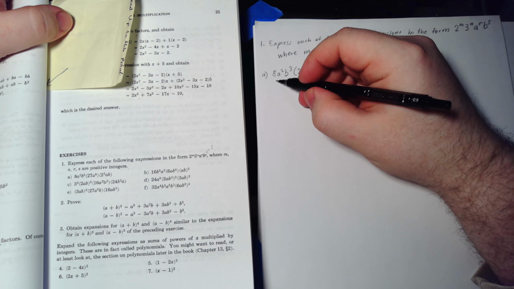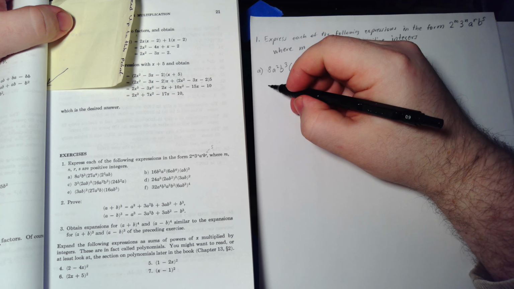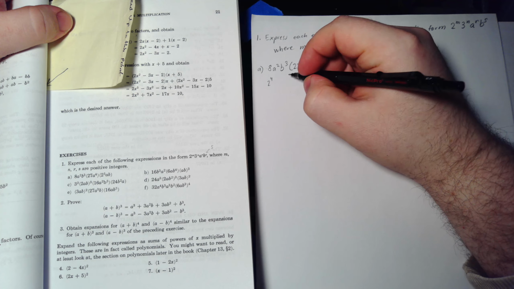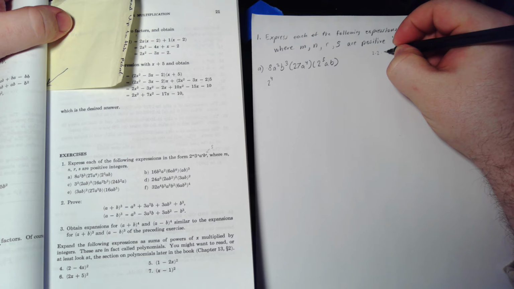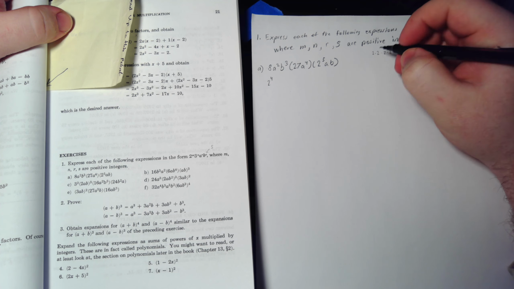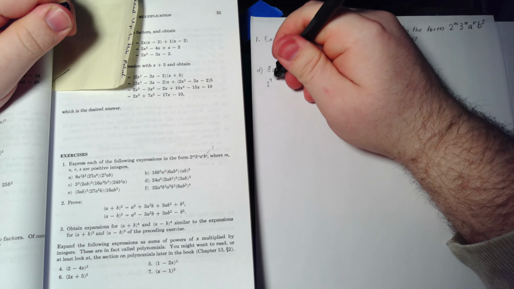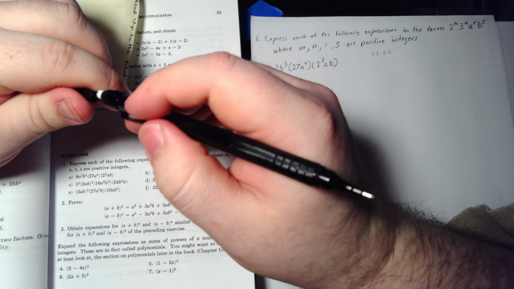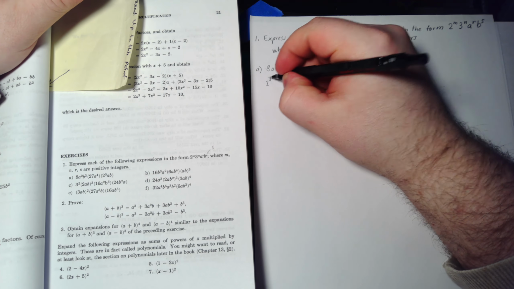So, 8 is an even number, and I know that 8 is 2 to the 4th power, I believe. Let me test that real quick. 2 times 2 times 2 times 2. Actually, to the 3rd power, not the 4th, because 2 times 2 equals 4, times 1 more 2 equals 8. So 8 is actually equal to 2 to the 3rd power.